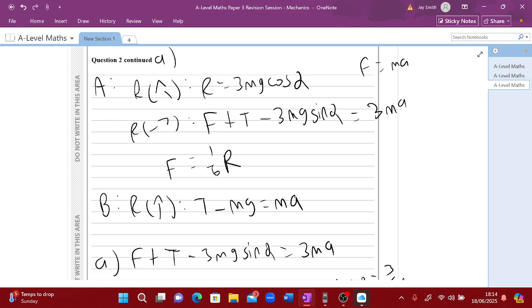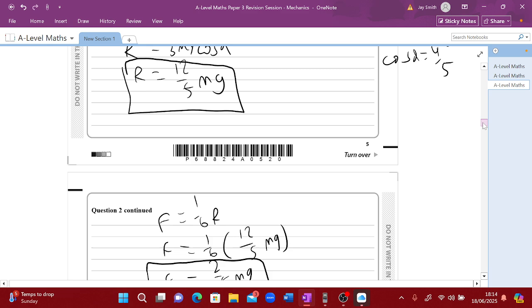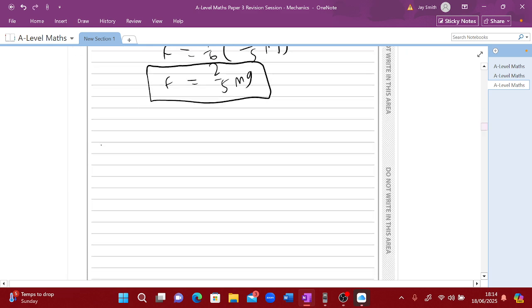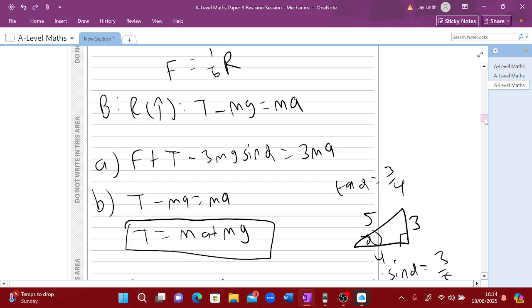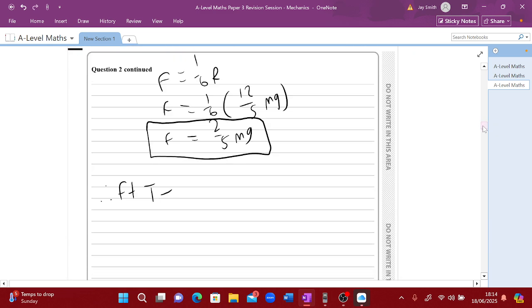We can now go back to our equation and find a. So therefore, F plus T minus 3mg sine alpha is equal to 3ma, isn't it? Yes. Right, okay.